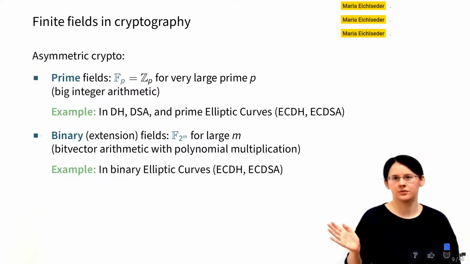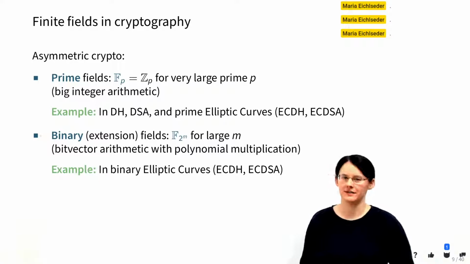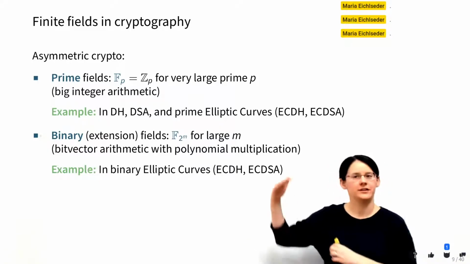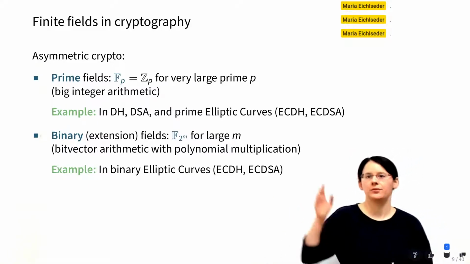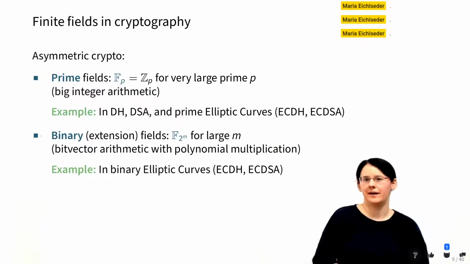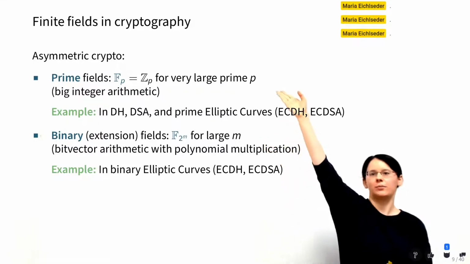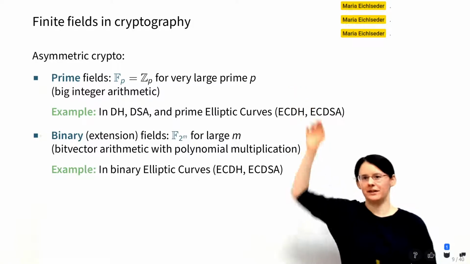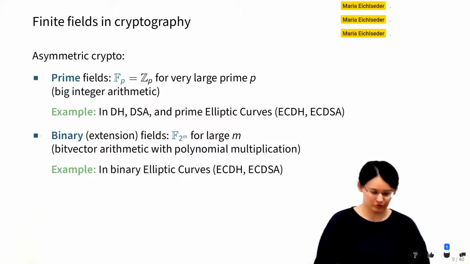We also use the finite field with 2 to the power of m elements, looking exactly like the example we saw before, where addition is XOR and the elements are bits. We also use this for large m, namely for m of the size that is approximately equal to log 2 of the primes here. So if I write the numbers here and here down in bits, they will have similar sizes for the same security level.